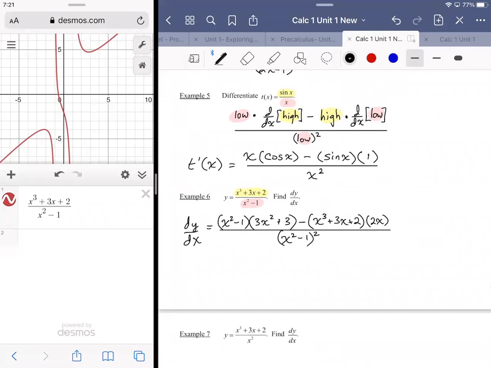All right, it's algorithmic. It's very procedural. There's really nothing more to it than that.